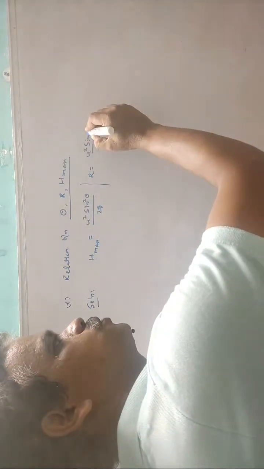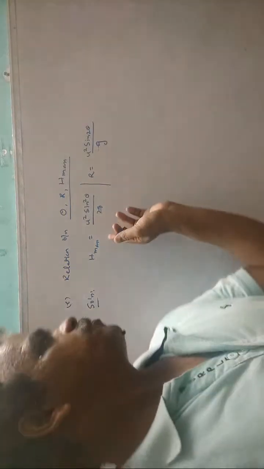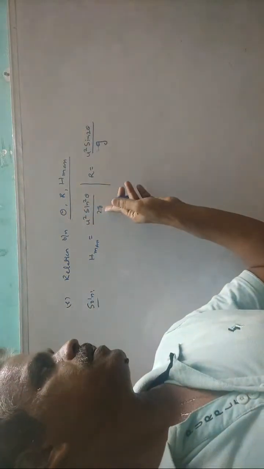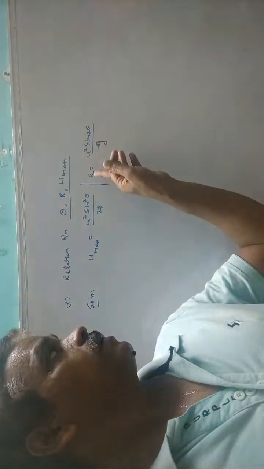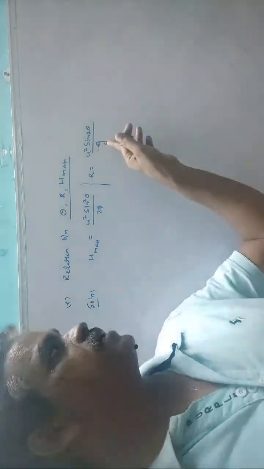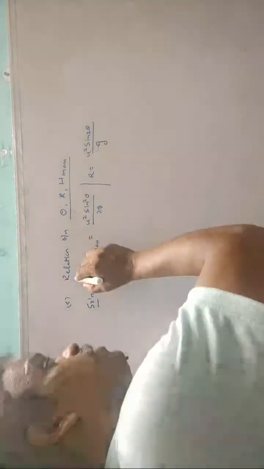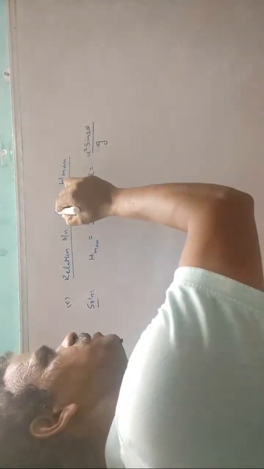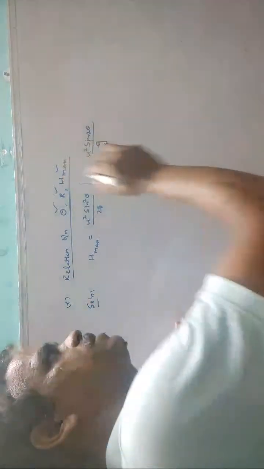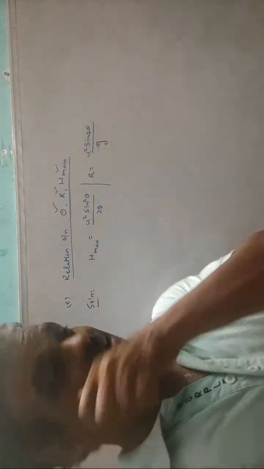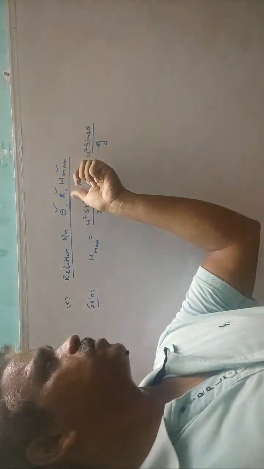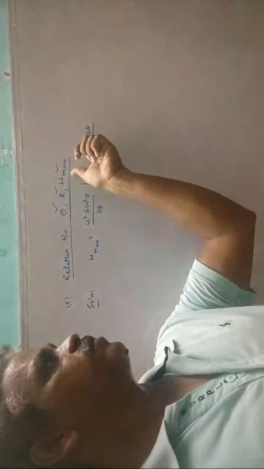H max equal to u square sine square theta by 2g, range equal to u square sine 2 theta by g. So what we have to calculate actually is the relation between theta, R and h max. Already we calculated the range of the projected body, the maximum height acquired by the projected body, and theta is the projection angle.